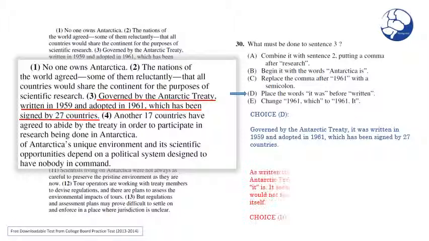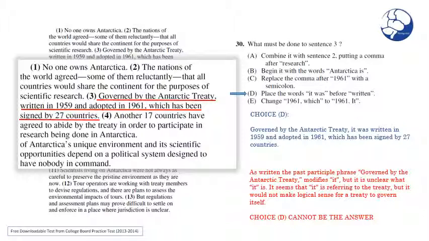Here, I notice that as written, the past participle phrase governed by the Antarctic Treaty modifies it, but it is unclear what it is. It seems that it is referring to the treaty, but it would not make logical sense for a treaty to govern itself. Interesting. And wrong.